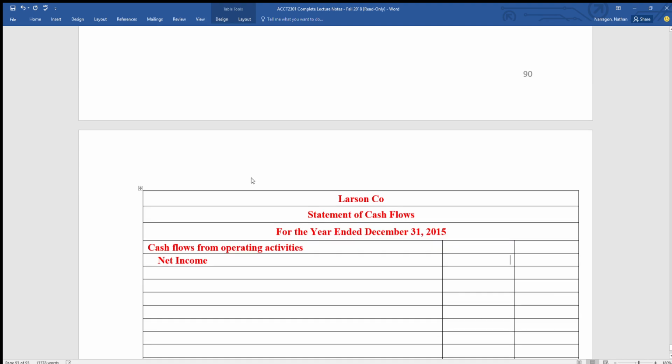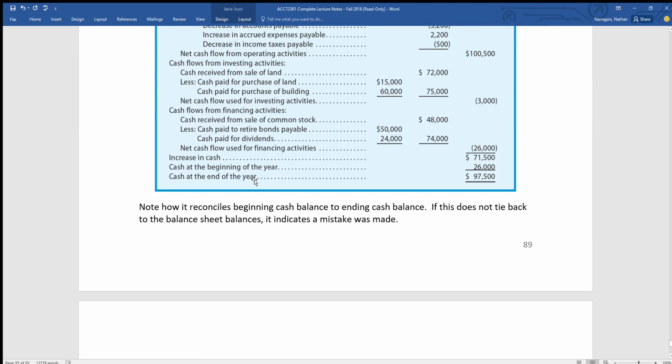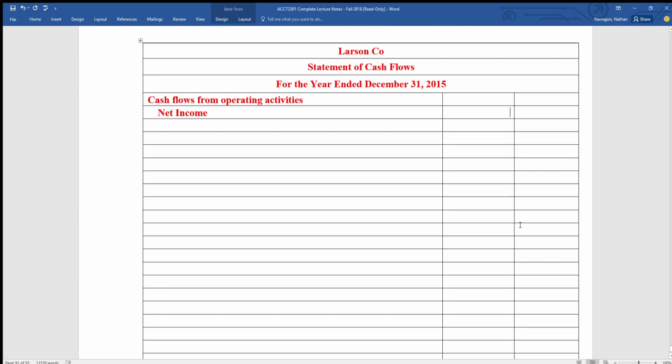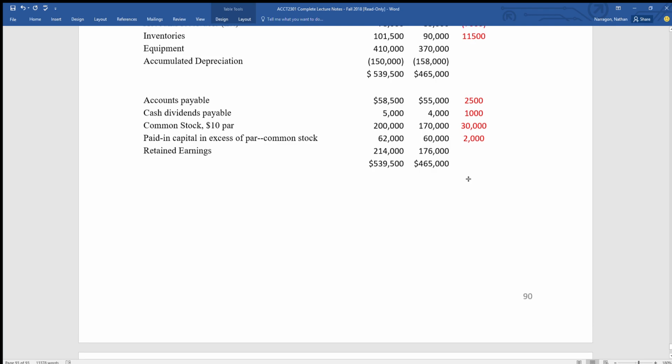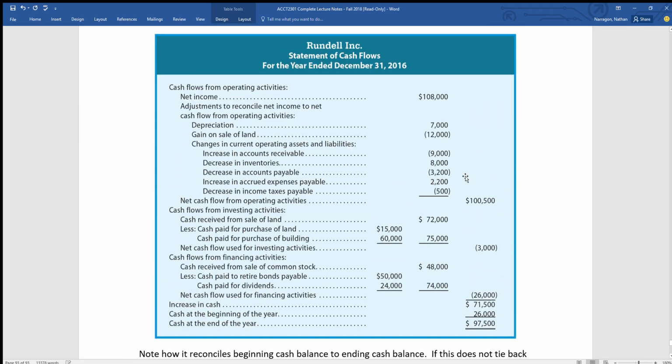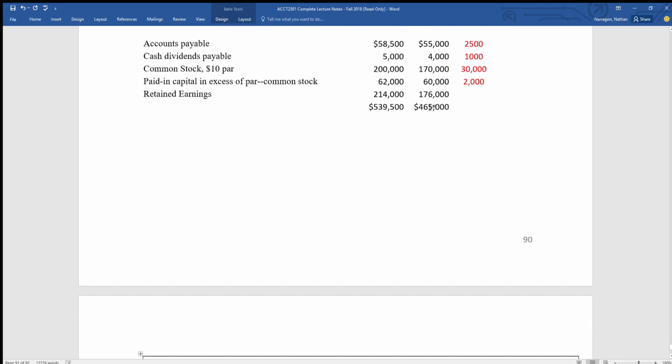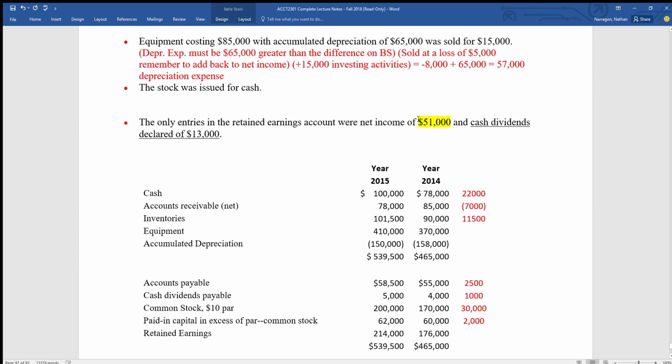Okay, so even though it's in two columns and looks like credits and debits, don't fall for the credits and debits. Okay, what we're going to do is the same thing we did up here. You're going to have everything added, and then the total is going to fall into that line. Instead, I'm not going to have this third column. Okay, so 108 was up here. That was our net income. So here, our net income was 51,000.